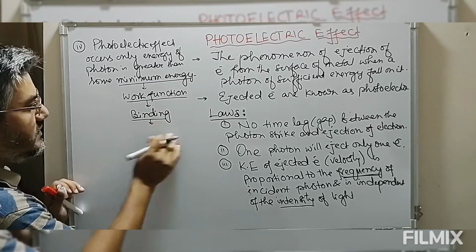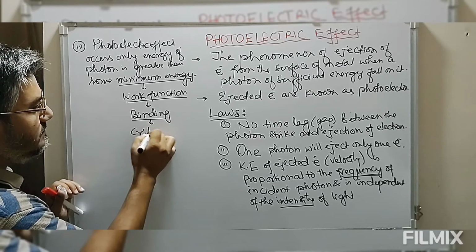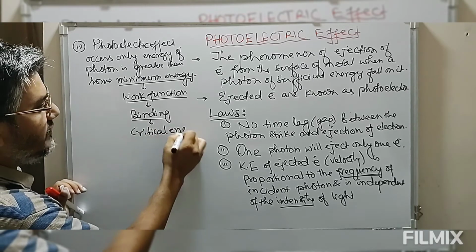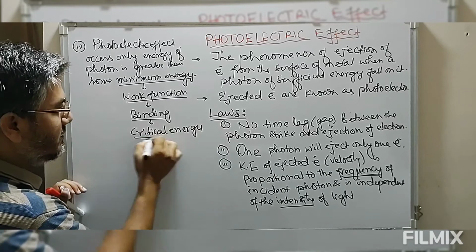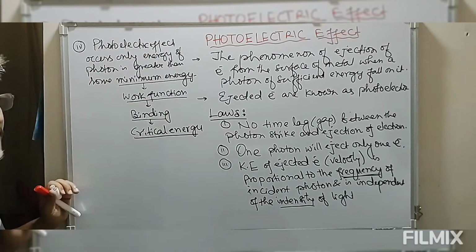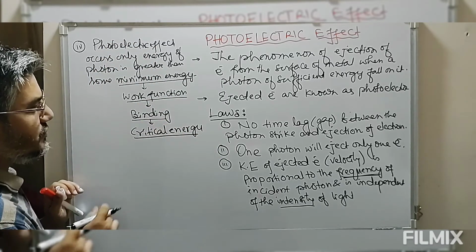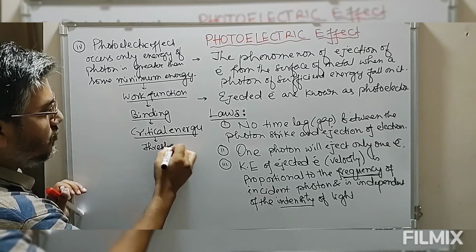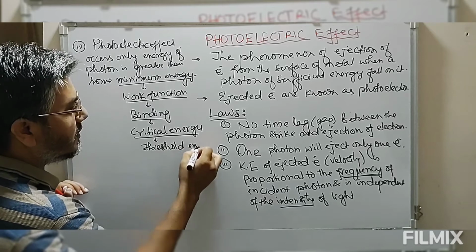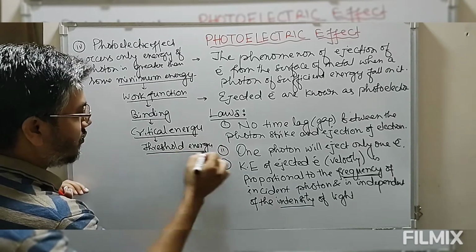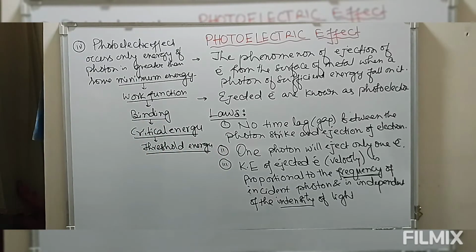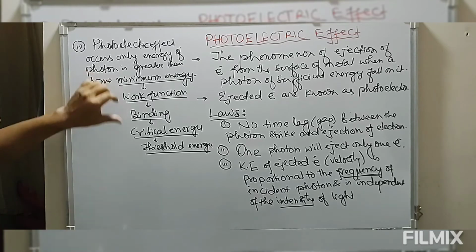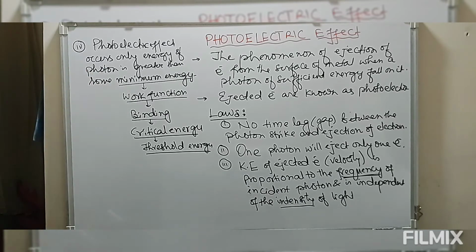This is also known as critical energy. We have different terms used for the same energy, which is also known as threshold energy. So the minimum energy is known as the work function, or the binding energy, or the critical energy, or the threshold energy.